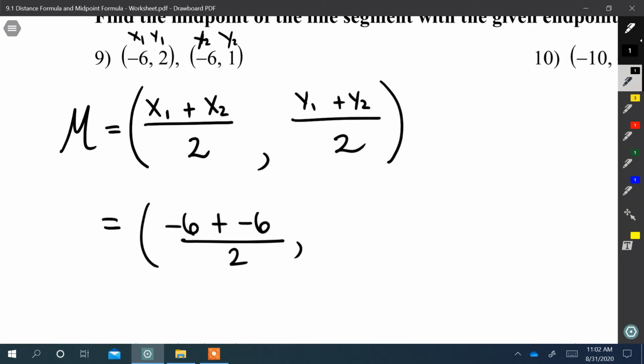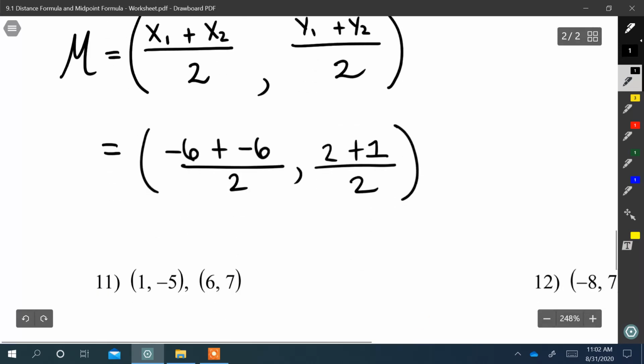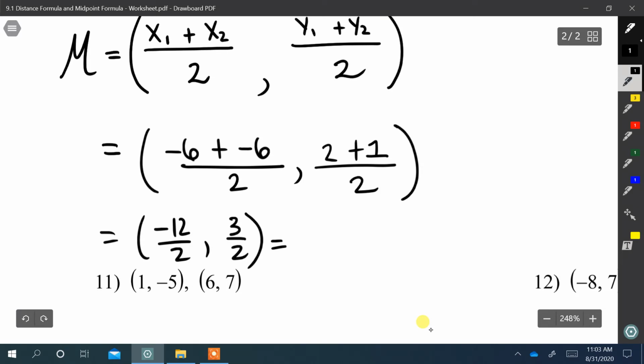So 2 plus 1 over 2. Now -6 plus -6, that's -12 over 2, comma, and 2 plus 1, 3 over 2. So -12 divided by 2 would be -6, and then 3 over 2.